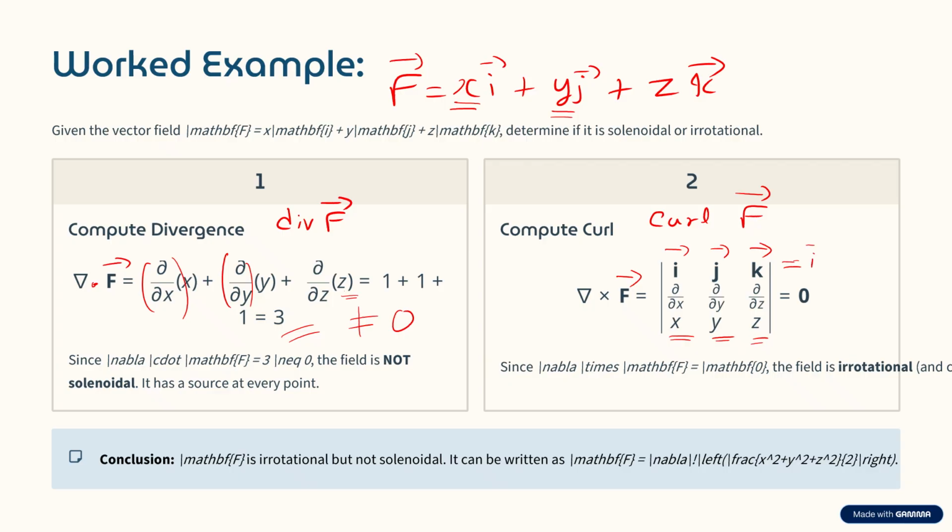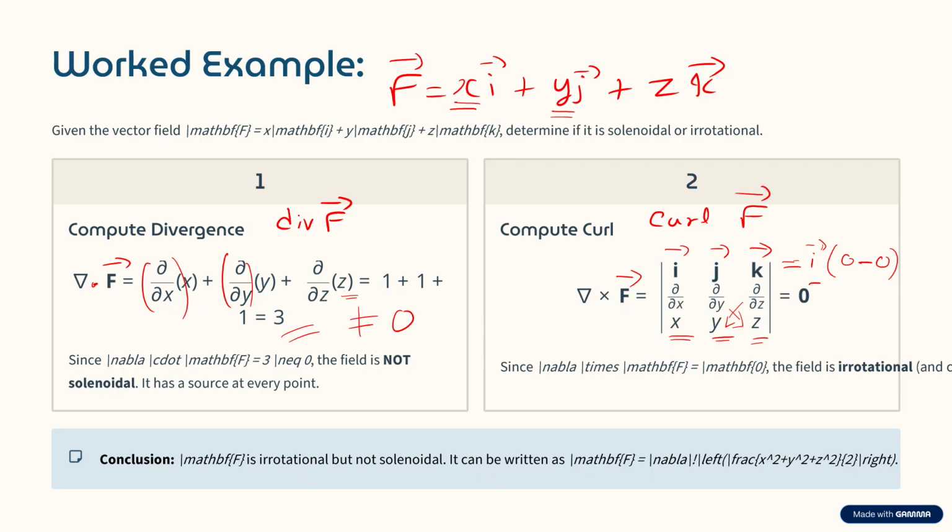How to find the determinant? Take i vector, leave the first row and first column. Then cross multiply: dou by dou y of z. If you operate this operator on z, you will get 0, minus dou by dou z of y. Partially differentiating with respect to z, other variables are constants, so you will get 0.